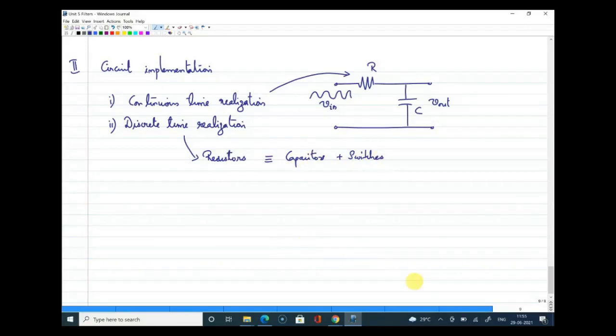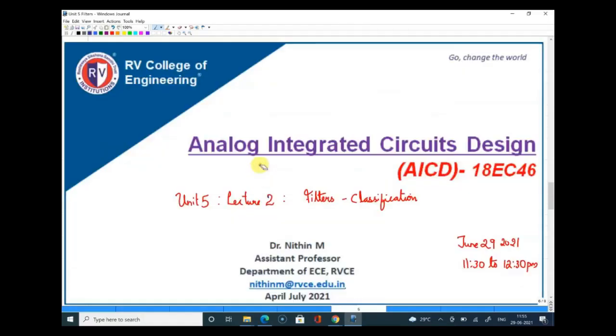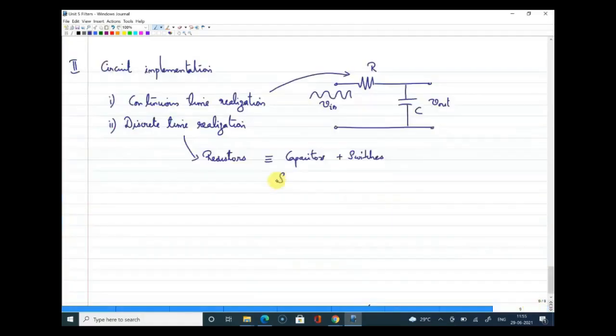So in discrete time realization, when we realize resistors using capacitors and switches, we eliminate the use of resistors on IC, since bringing bulky resistors into an IC is difficult. In order to eliminate bulky resistors on ICs, we have a specific technique called the switched capacitor technique.